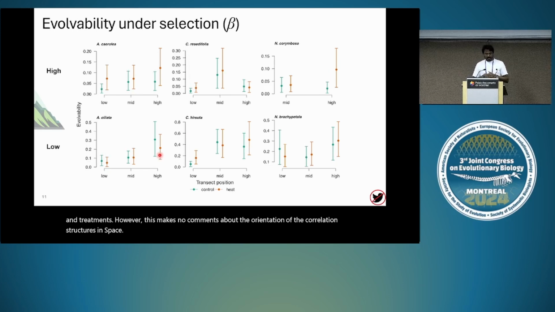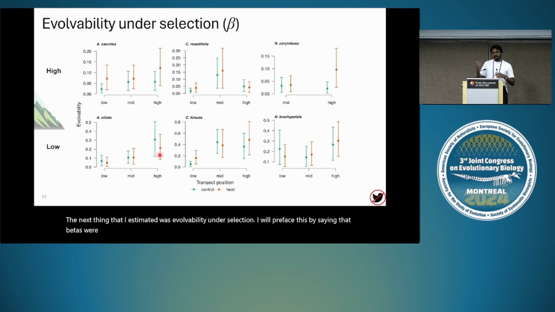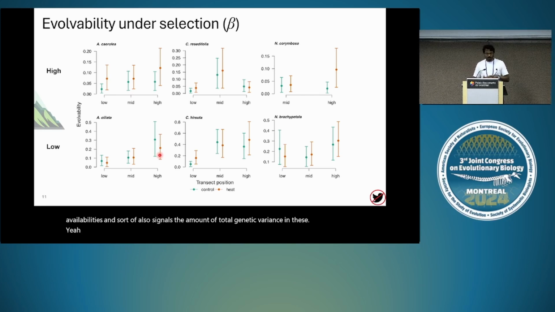The next thing that I estimated was evolvability under selection. I will preface this by saying that betas were simulated randomly. However, given that they were uniformly distributed on a 6-dimensional hypersphere, this is numerically equivalent to expected or average evolvabilities, and also signals the total genetic variance.